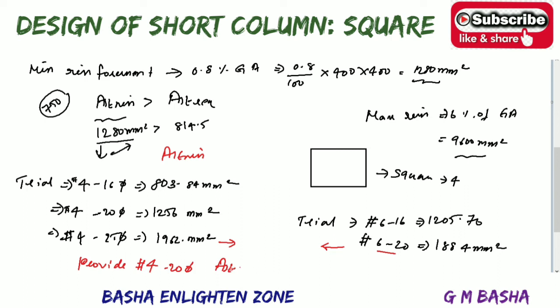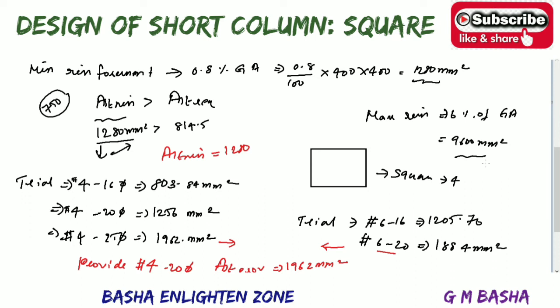Therefore the area of the steel provided will be equal to 1962 mm square. So here the minimum area of the steel is 1280, provided is 1962, and maximum is 9600. Whatever area of the steel we provide, it should not exceed 9600. Otherwise the reinforcement will be too high in that particular column.